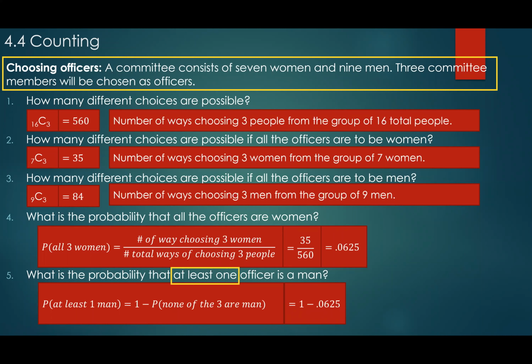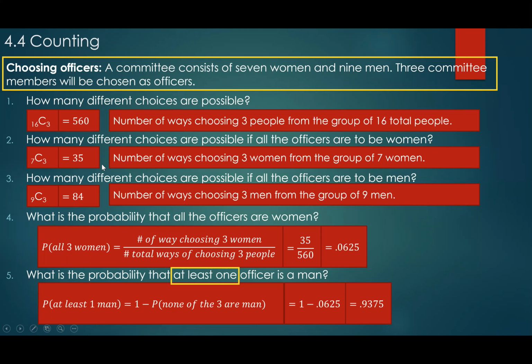That gives me 1 minus 0.0625, and the probability of at least one man will be 0.9375. And if you take 560 minus 35, you will get 525.